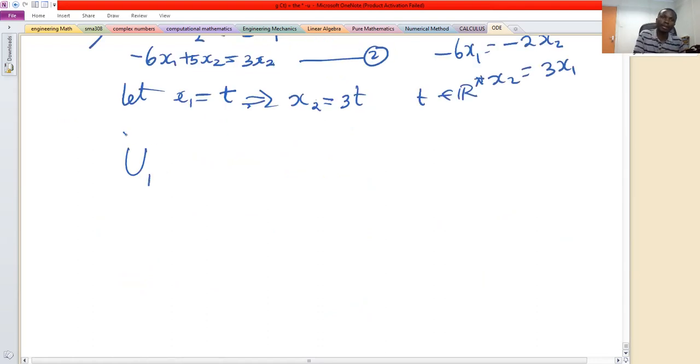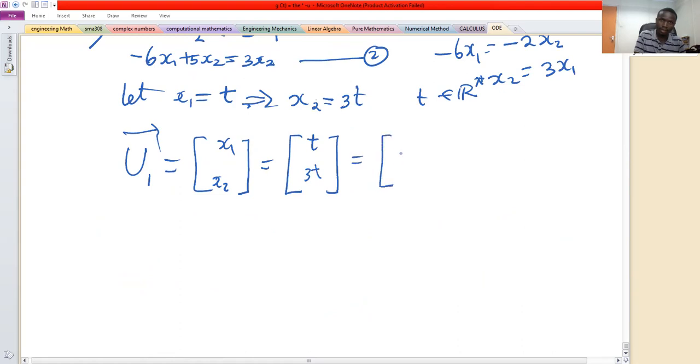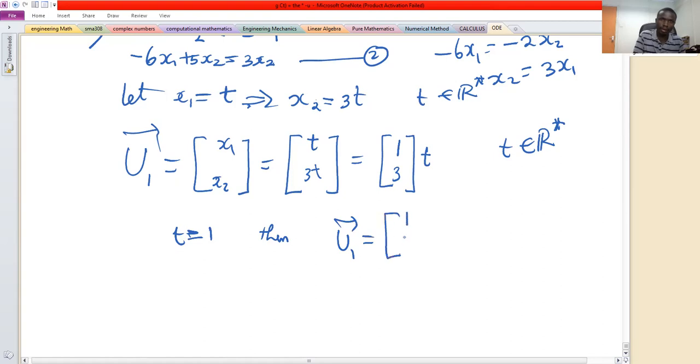So u1 will be x1, x2. x1 is t, x2 is 3t, which you can write as 1, 3 and then factor out t. So t is a non-zero real number, and for convenience, we choose t to be 1. Then u1 will be the vector 1, 3.